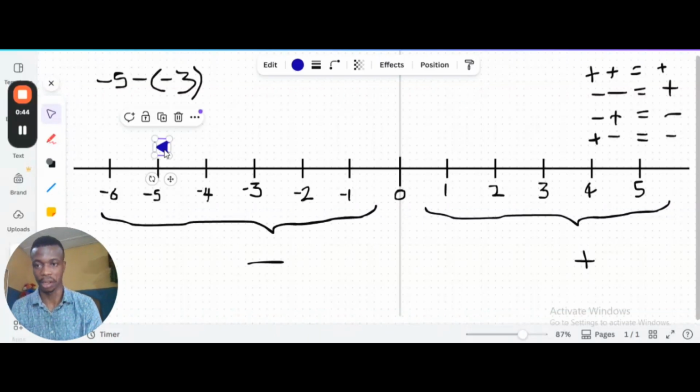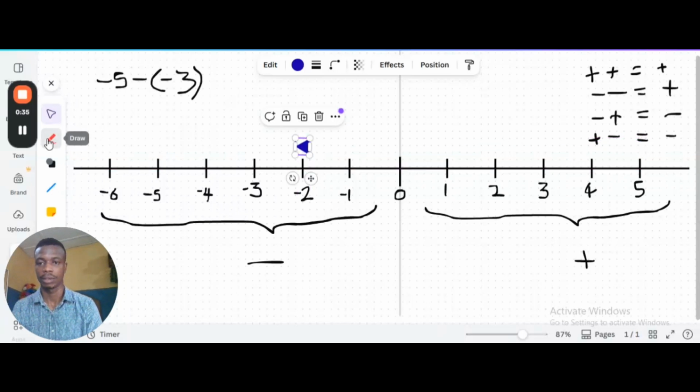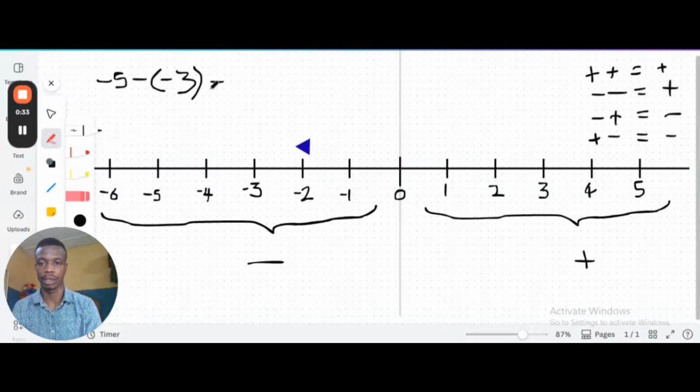Now, minus 3, you have to go back 3 steps. 1, 2, 3. We have minus 2 here. So minus 5 minus 3 is minus 2. Once again, like I just said, 2 negatives make a positive. So this is the same thing as saying minus 5 plus 3 is minus 2.